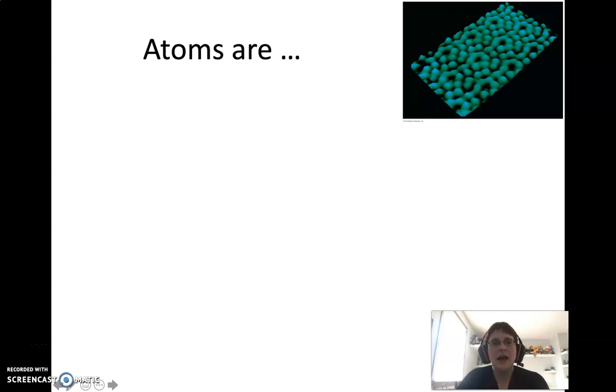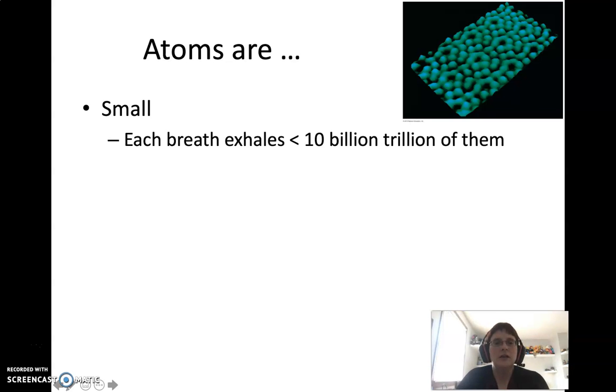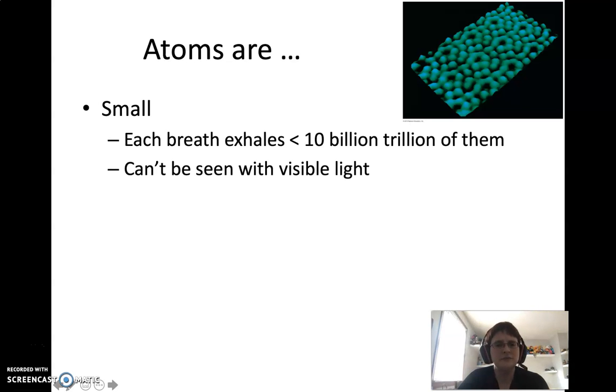So as I said, atoms are small. In fact, so tiny that each time you breathe out, you are breathing out 10 billion trillion of them, which also means each time you breathe in, you're breathing in 10 billion trillion of them. Think about that. That number is a really hard number for us to wrap our heads around. So you're breathing in tons of these guys every time you breathe in and out.